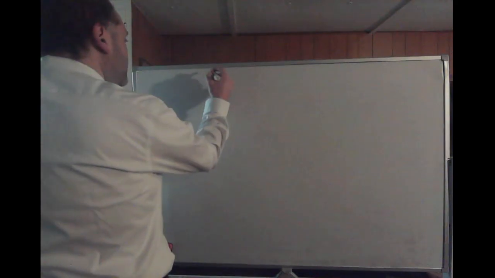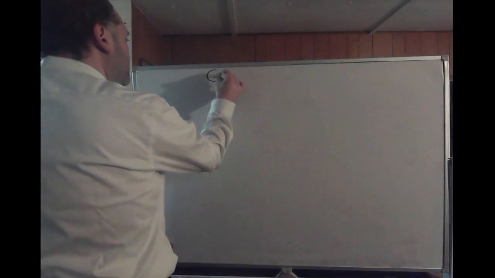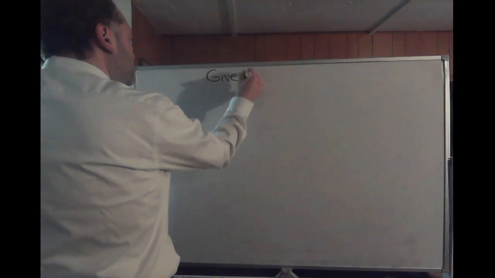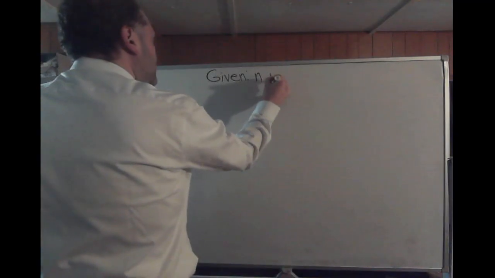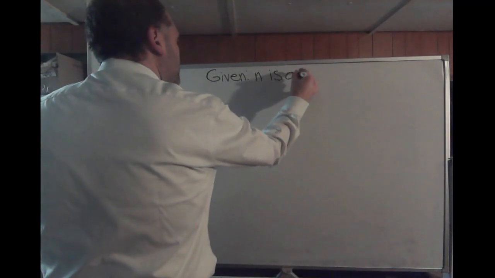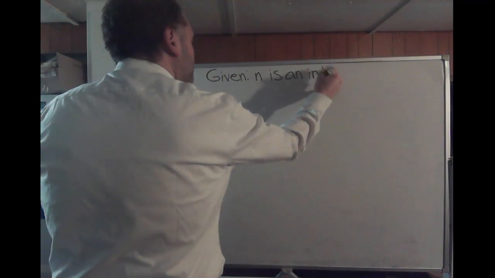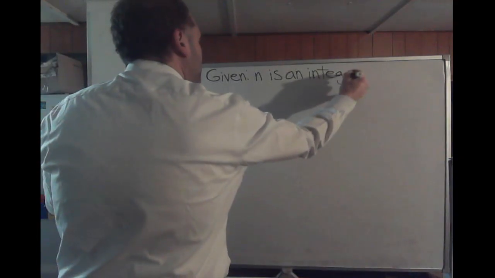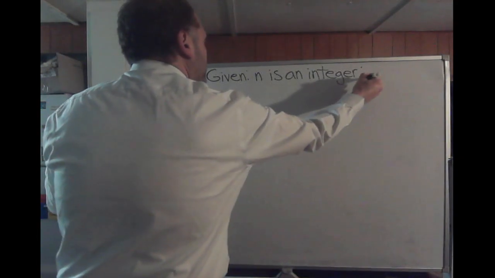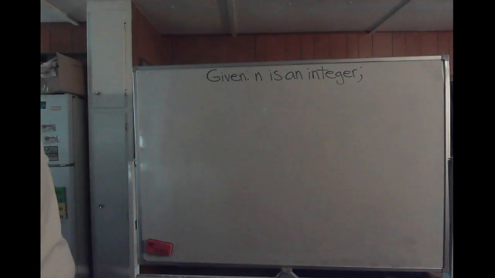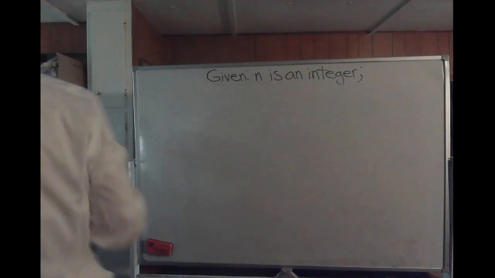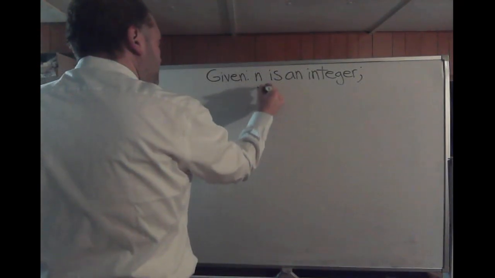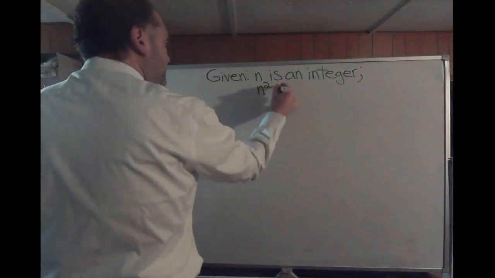Let's see. Given n is an integer, so here's an algebra problem. Really starting to get into number theory more than algebra. We're also given that n squared is odd.